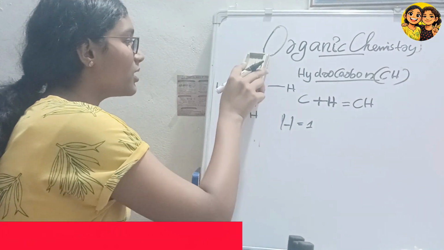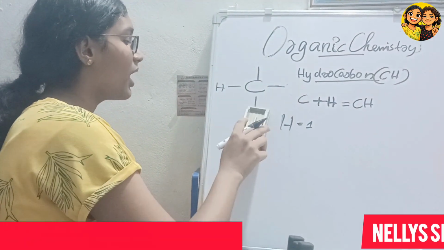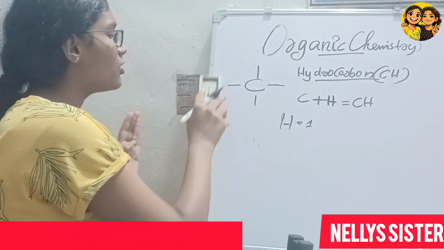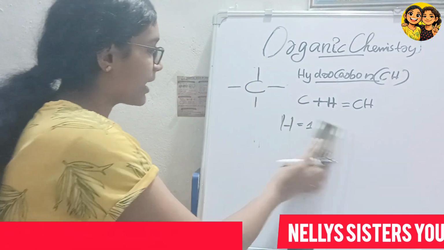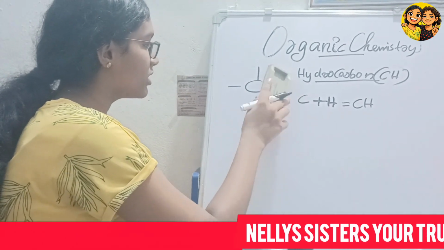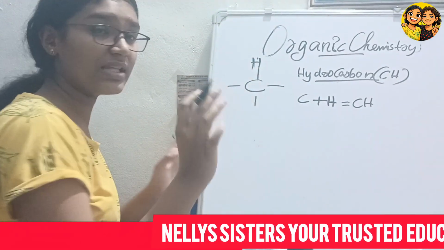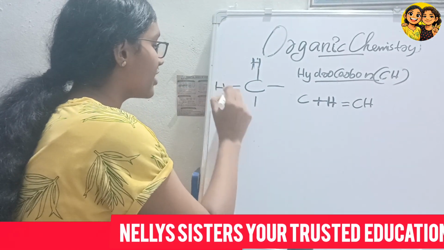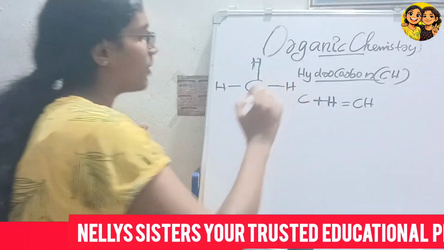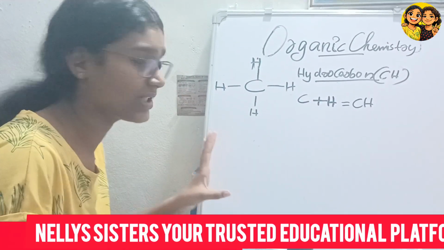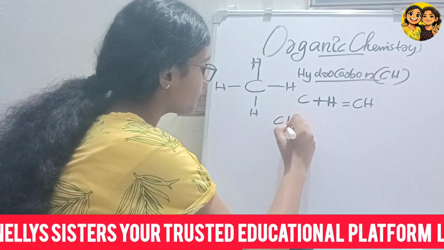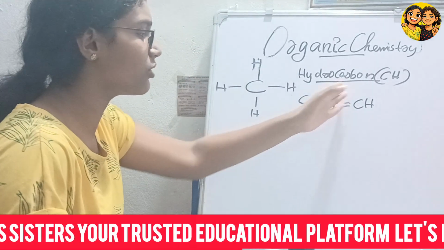Look, we were able to write the hydrogen on all four bonds of carbon. It's a very simple trick. We just place the hydrogen on the bonds of the carbon. This is the only thing. Then the formula would be CH. Hydrocarbon means CH.